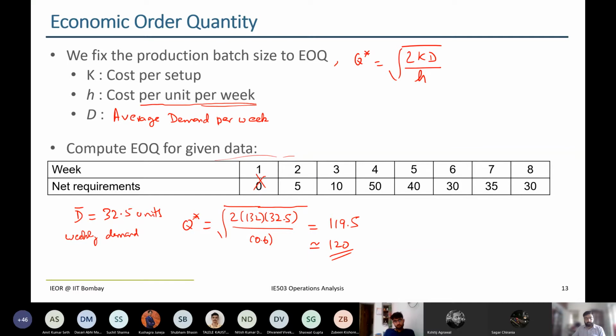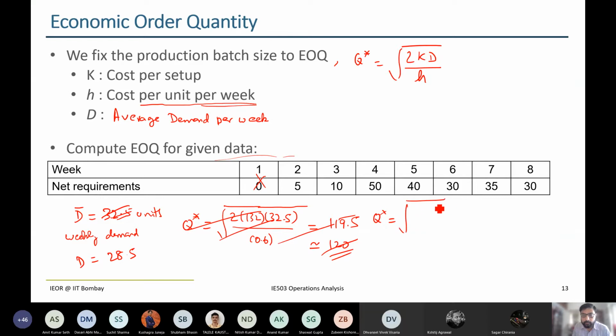So let me divide by 7, which comes out to 28.5. Let me just correct it. So good catch. So D bar is 28.5. I can erase it, but I think this is better, so we know where it went wrong.